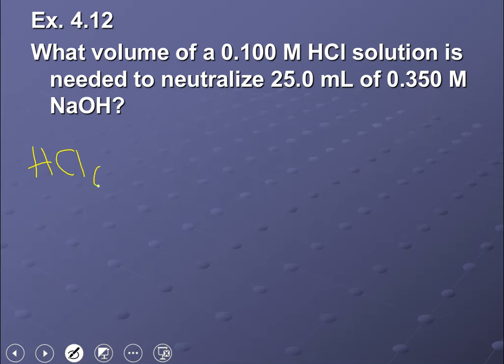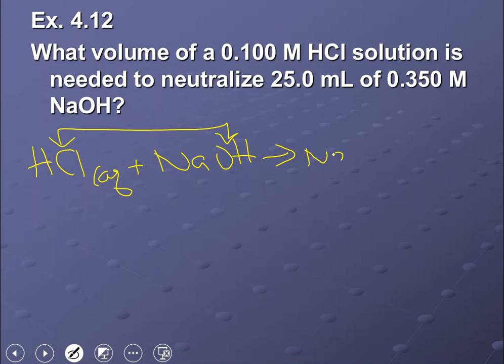HCl, which is going to be aqueous, and we're reacting that with our NaOH. And according to our double replacement concept here, the Cl and the OH switch places. So we're going to combine the NaCl, and that will be our soluble salt.